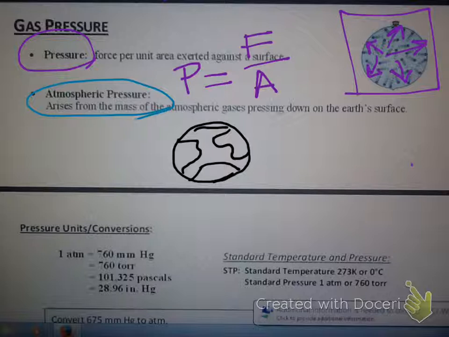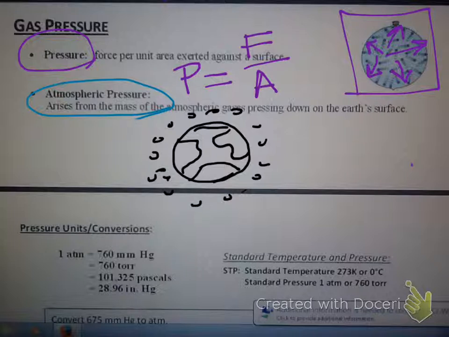The atmosphere consists of a homogeneous mixture of gases: oxygen, nitrogen, a little bit of helium, argon, a little bit of carbon dioxide, some water. So there are all these different gases in the atmosphere. I'm going to make them really big here, just as points, but those gases are in the atmosphere above the Earth.